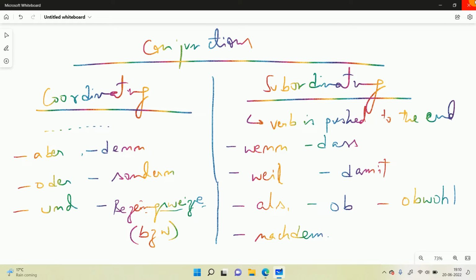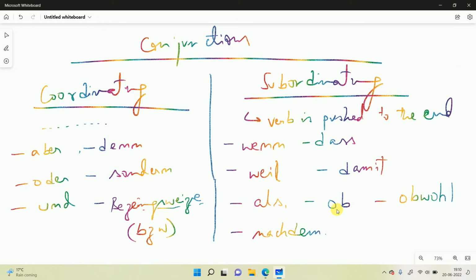Because once you get into this business of framing sentences using conjunctions, you will be confused many times whether this conjunction is subordinating or coordinating, because the complete sentence structure depends on the type of these conjunctions. So you need to remember whether a conjunction is subordinating or coordinating. Now we will take every conjunction one by one.